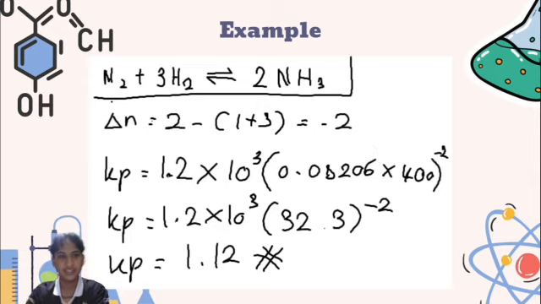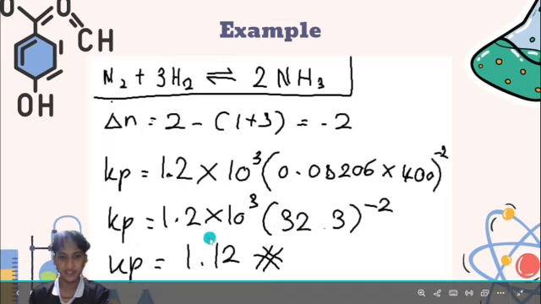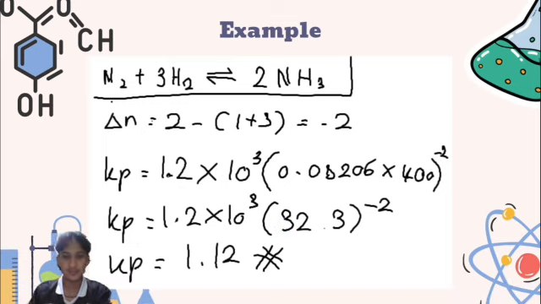Delta n is equal to 2 minus (1 plus 3), and we get -2. Then we use the formula Kp equals Kc times R times temperature to the power of delta n. We solve it and get the answer. So that's all for me.